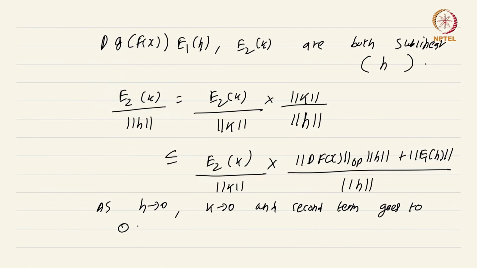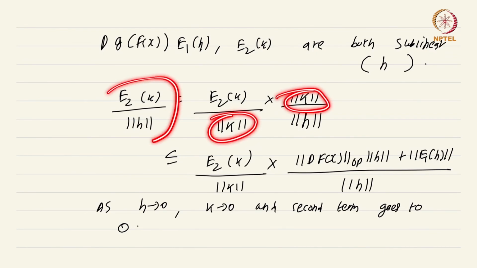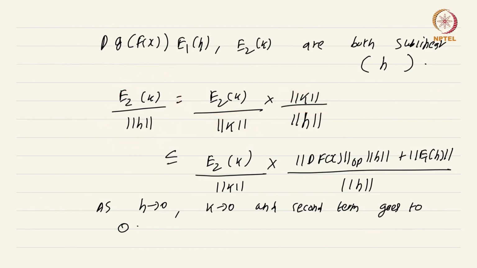Okay, so as h goes to 0, we need to consider only those points where k is not 0 and estimate what happens, which is what we have done. So this division and multiplication by norm k, which was crucial for the proof, is actually justified, because at those points where k happens to be 0, we already know that this entire thing is 0. No more estimation needs to be done.